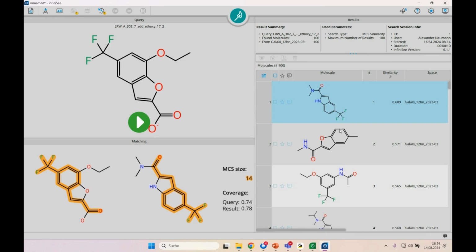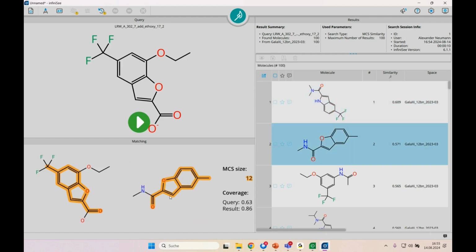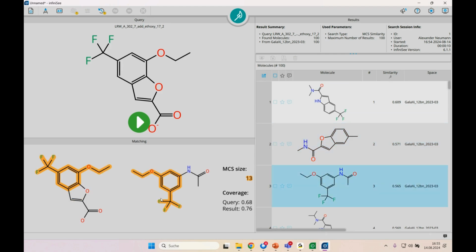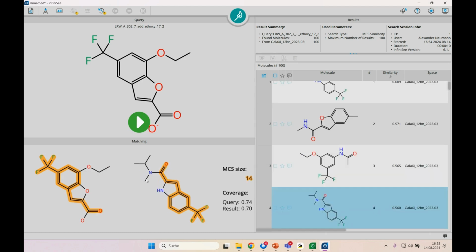We have a tertiary amine group. It's not always present in building blocks, I have to admit. We get an indole-related compound. It's an amide. So indole would be the closest thing we can get here.